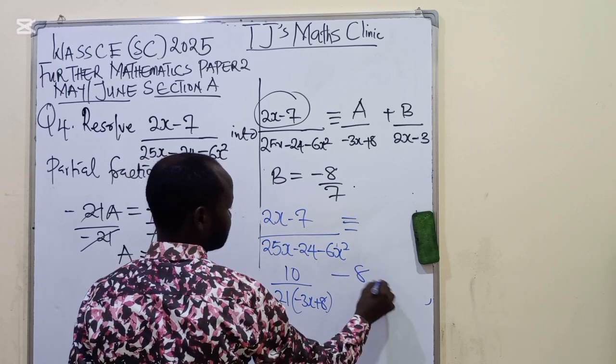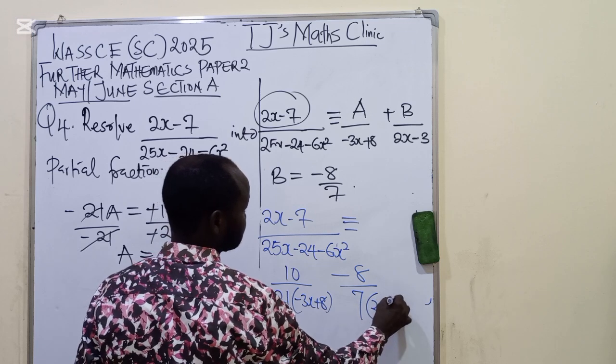Then b is minus 8 divided by 7 into 2x minus 3.